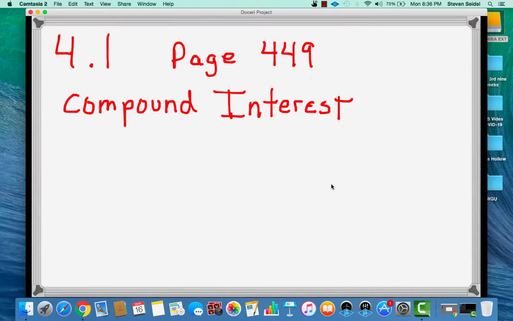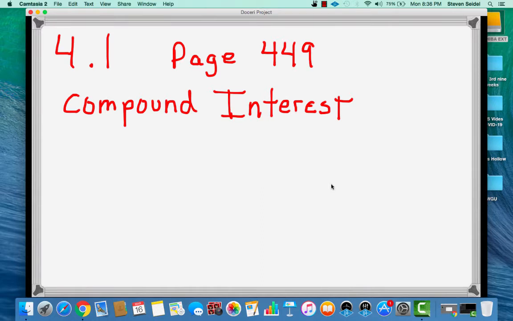When you look at A equals P plus PR equals P times (1 plus R), we have to understand the variables within that formula. A represents the accumulated value, because we're putting into the formula the principal amount, and that's being calculated with the interest that is being gained.